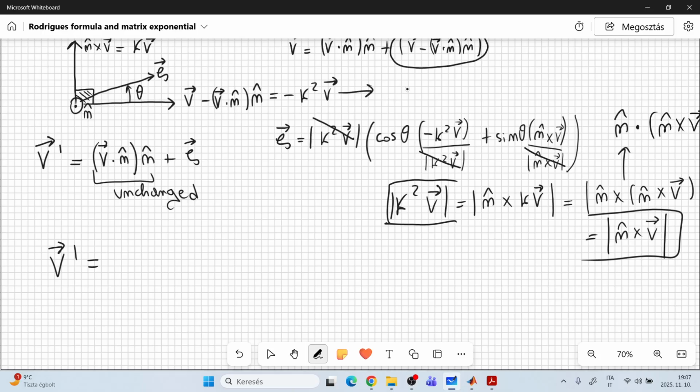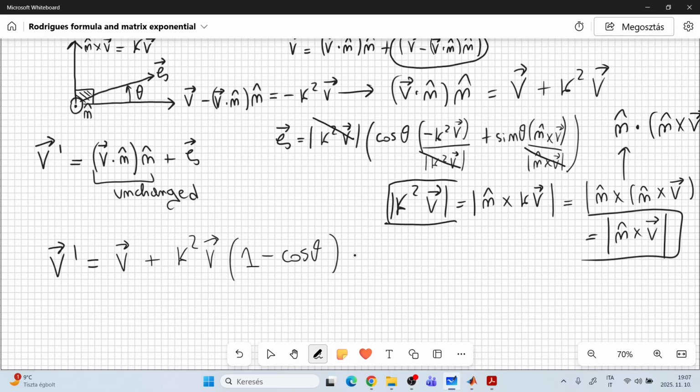So from this equation you can write v dot n equal to v plus k squared v. So we have v plus k squared v. Then we get minus k squared v times the cosine of theta, so we can rewrite it as 1 minus cosine theta, plus, and then we are left with n cross v, which we can write as k v times the sine of theta.